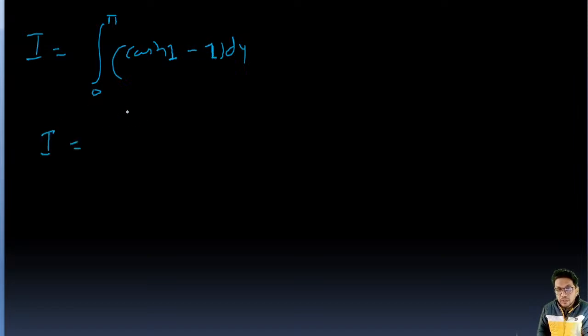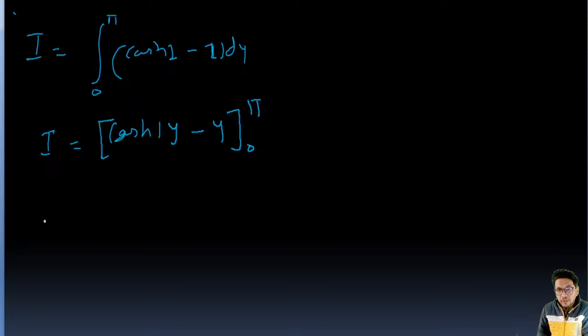Cos hyperbolic 1 is going to be this constant, right? So we get cos hyperbolic 1 y minus y from 0 to pi.